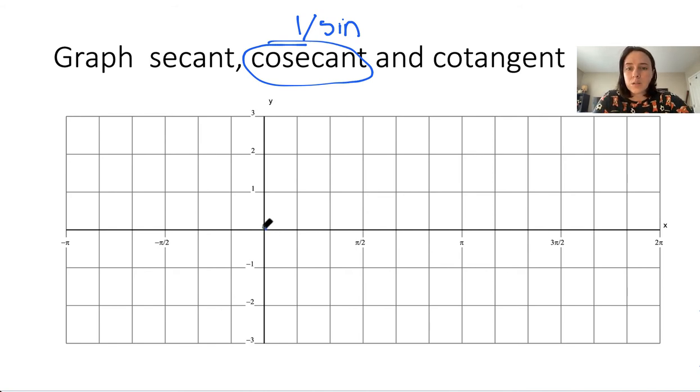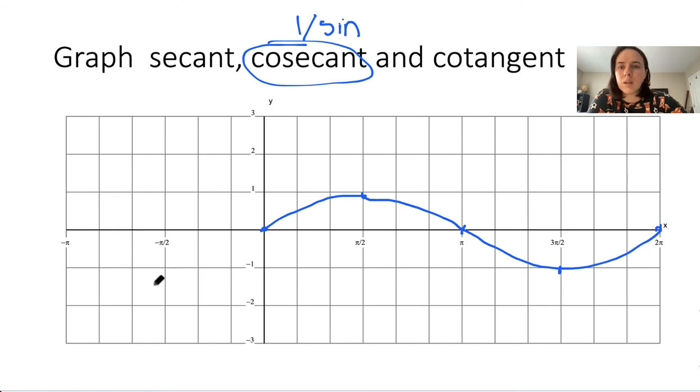So sine starts at 0, and it's got that period of 2 pi. So it starts at 0, goes up, and oscillates. One full swoop this way, down, up, and then it comes back this way. So down, up. Beautiful. So there's our sine.